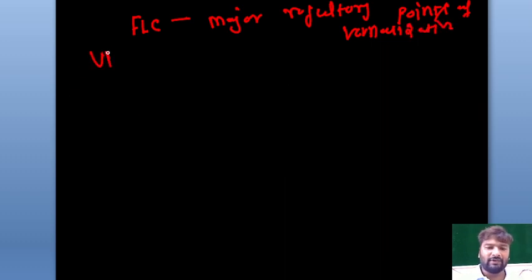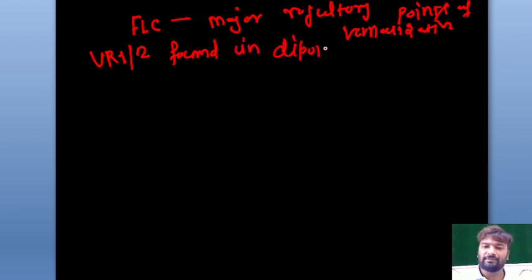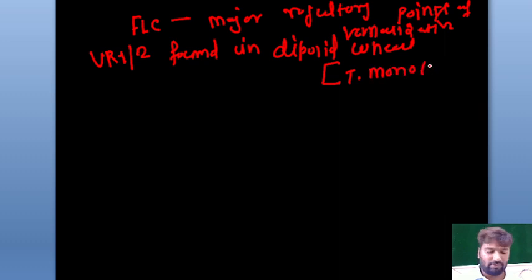And VRN1 and VRN2 are found in diploid wheat, Triticum monococcum, associated with the vernalization process.